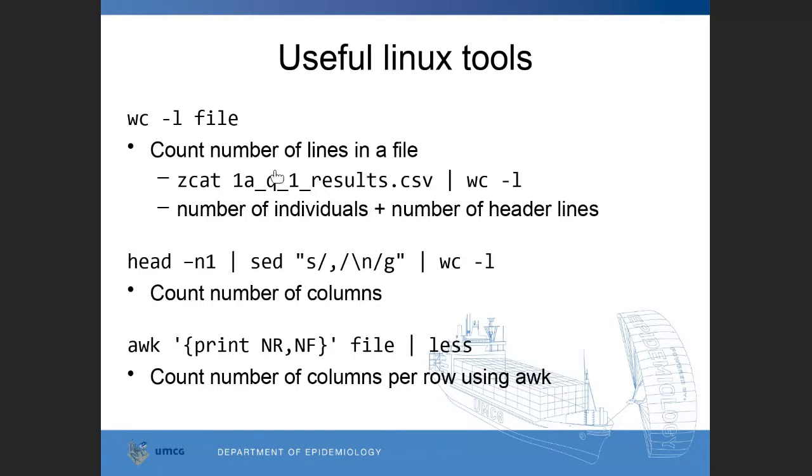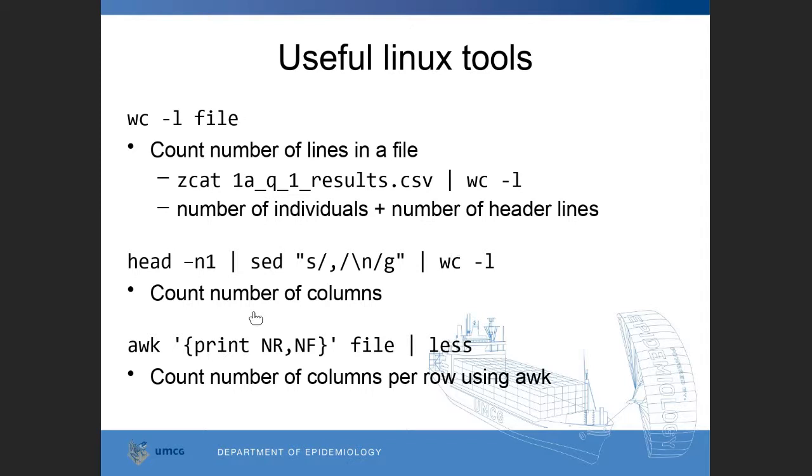You can just put wc -l here in front, and then it will give you how many rows there are in this file, and that usually is the number of individuals plus the number of header lines.